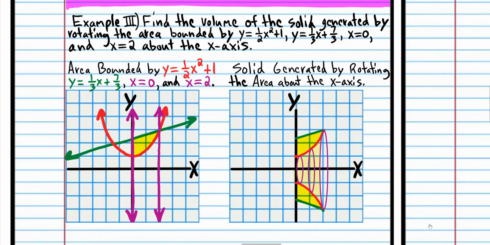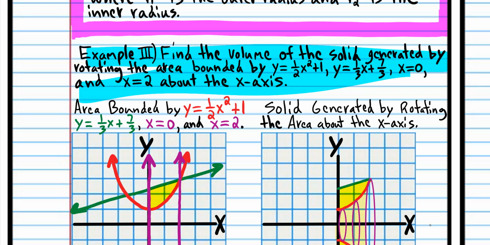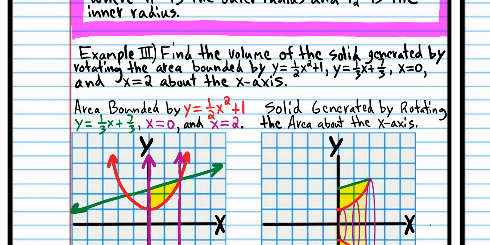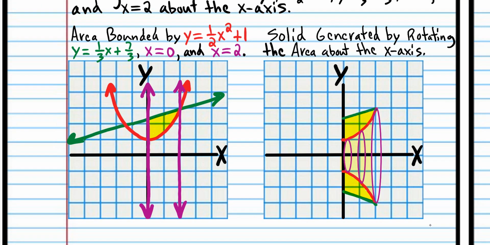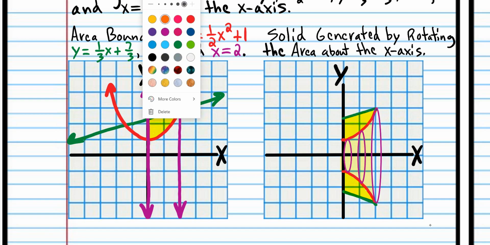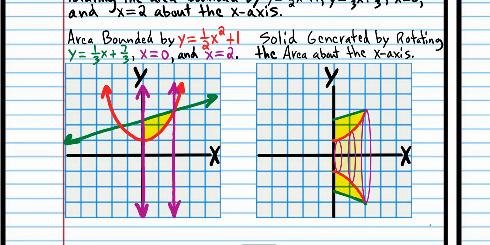So here we have an example with the graphs. We have the same type of problem that we did previously. The only difference is that if you look at this region that's bound by the graphs in question, notice that this shaded region is not up against the x-axis.